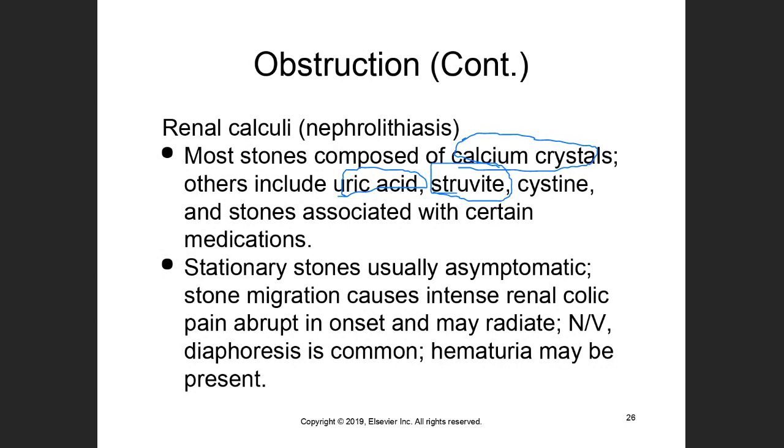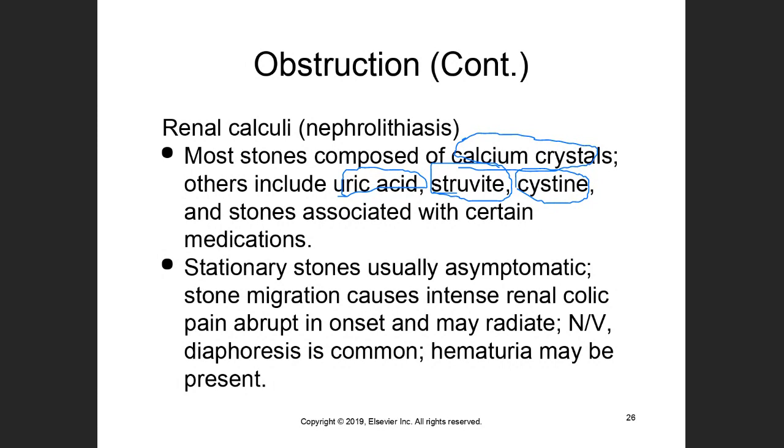Okay, Proteus mirabilis is a common bacteria that produces struvite. Cystine stones, most of the time, are due to a genetic condition. Okay, a problem with the, I don't remember right now, but it's a genetic condition.